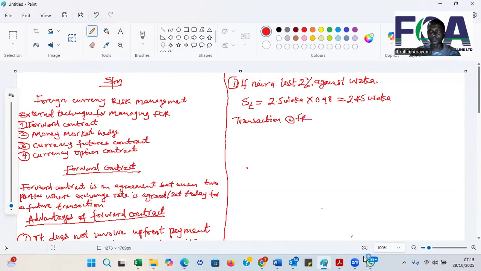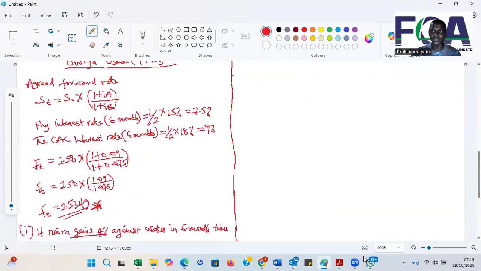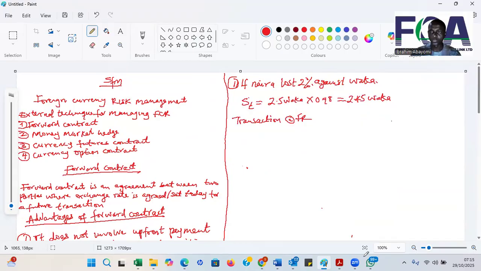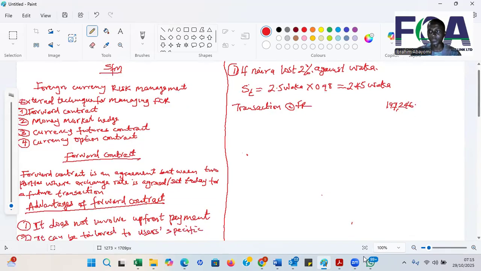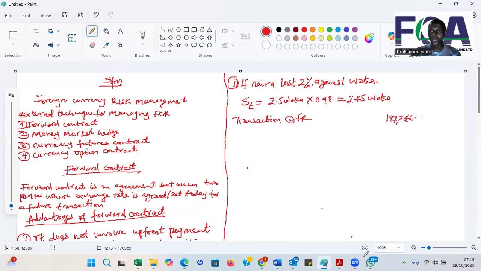What did we compute earlier? We computed 197,246.44. That's the amount we actually received.